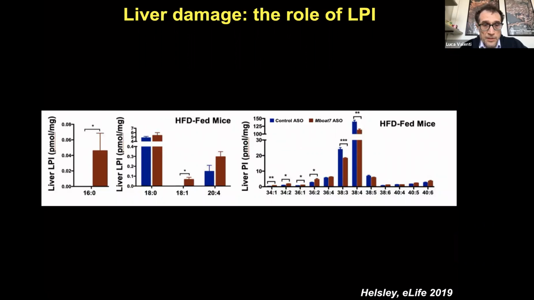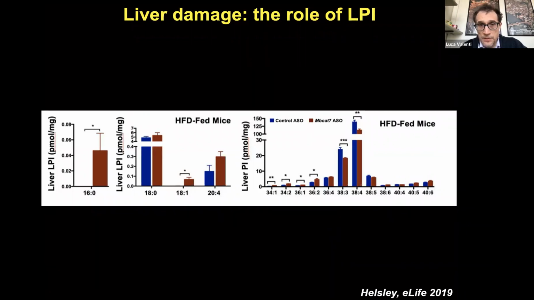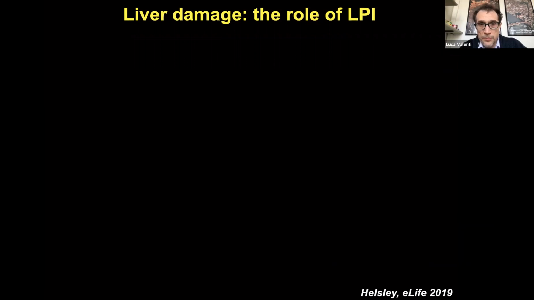This was paralleled in mice where the hepatic Ambos7 expression was silenced by antisense oligonucleotide, similarly to the models developed in our lab that I showed you before.